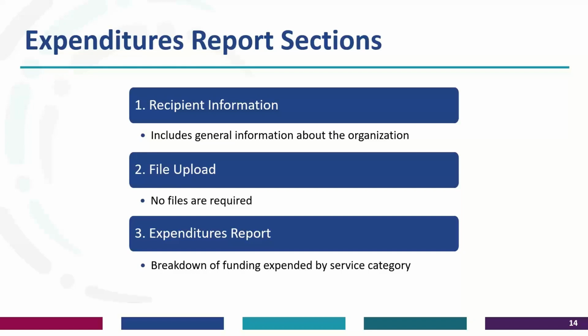Next is the file upload section. But I do want to point out that for Part B and Part B supplemental recipients, there are no required files to be uploaded for this section. And then lastly is the expenditures report. This section includes a breakdown of the funding expended during the budget period by service category.